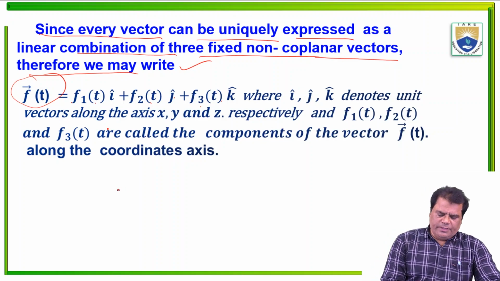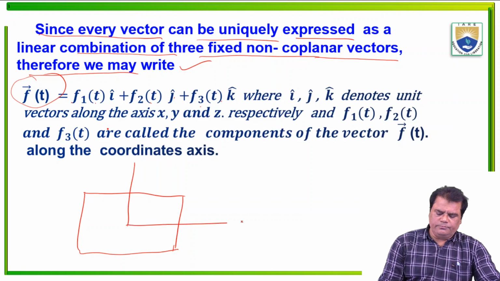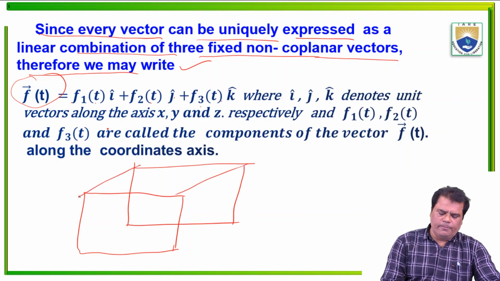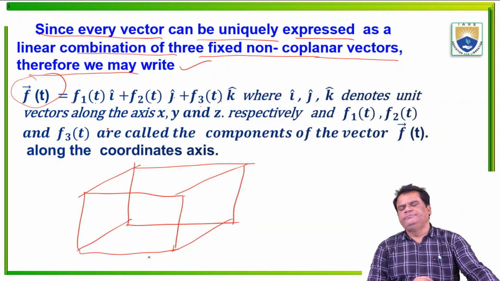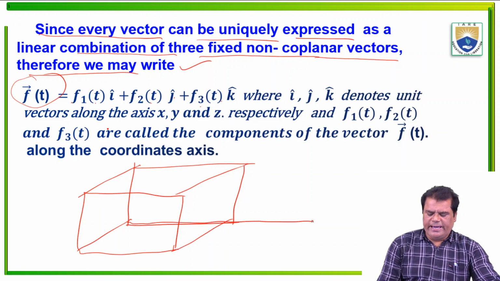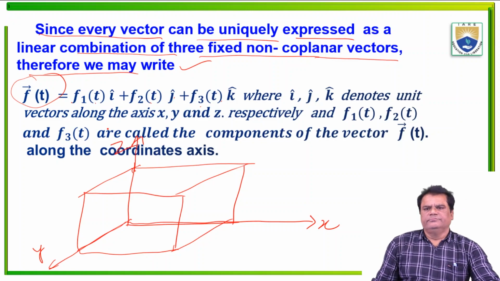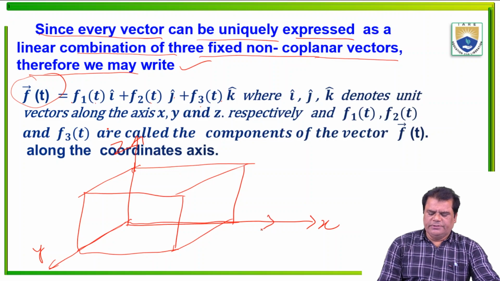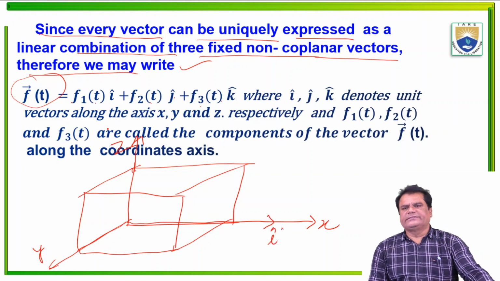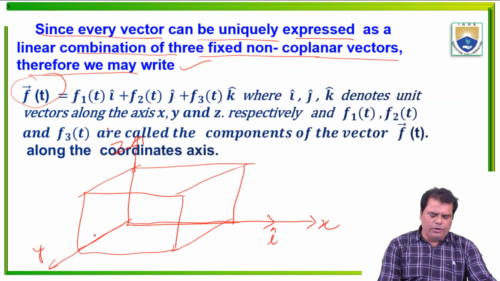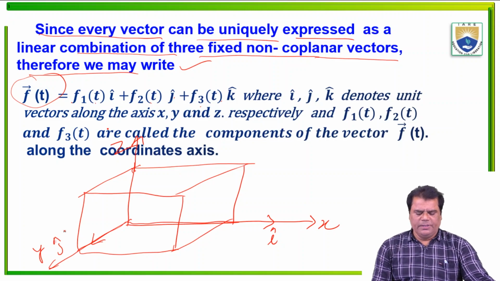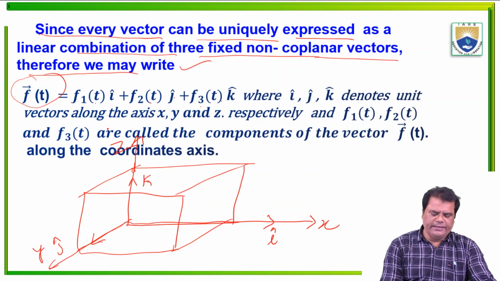Here I have given one example like this. This is the x-axis, this is the y-axis, this is the z-axis. Along the x-axis is the i vector, along the y-axis is the j vector, j cap, unit vector j, and along the z-axis is the k vector.